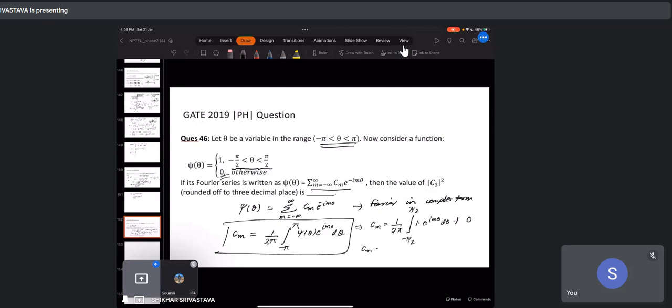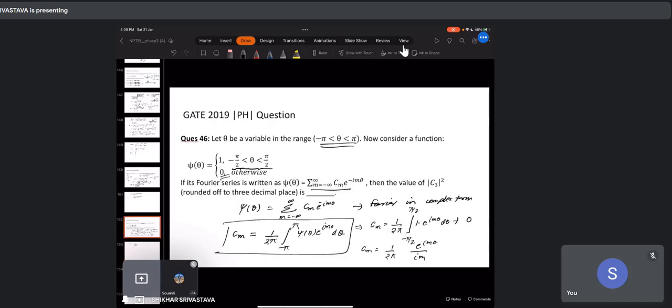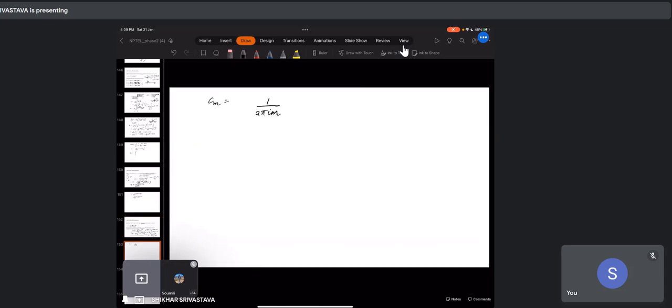Now this is an integral which you can easily find. It is exponential im theta upon im. So your cm is what? 1 upon 2 pi im, and just put the limits. Just put the limits pi by 2 in place of theta, so you will get exponential im pi by 2.